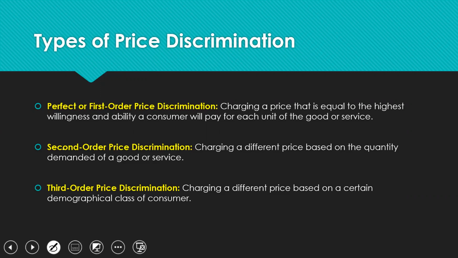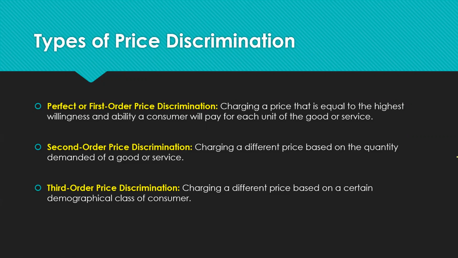Third order price discrimination is basically charging a different price based on a certain class of consumer. If you think about the movie theater, there are different prices being charged because you're coming at a different time of day, or there's a senior discount, or things like that.